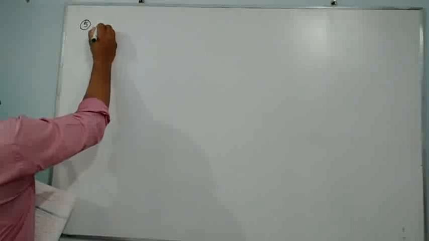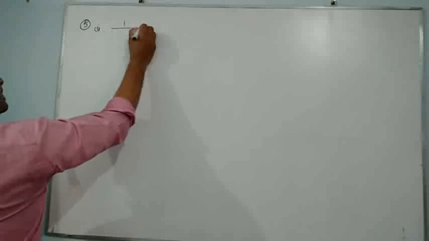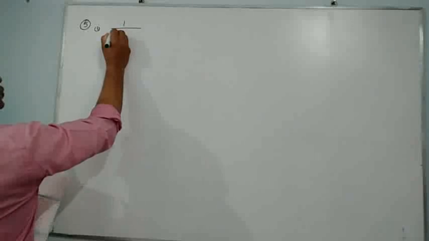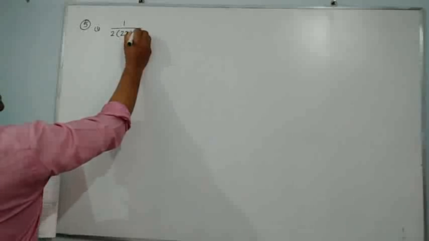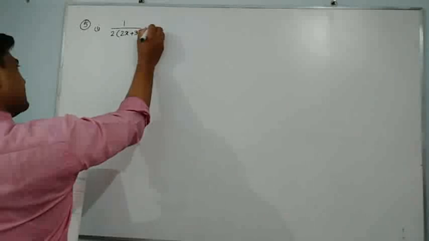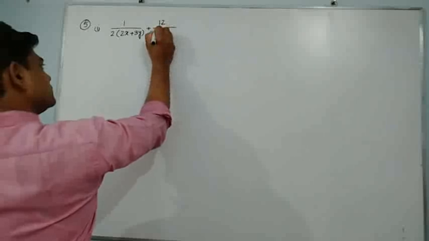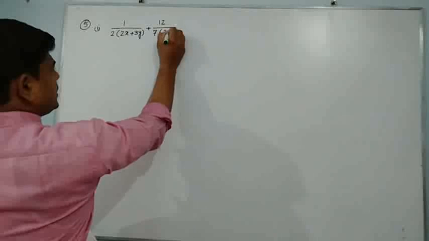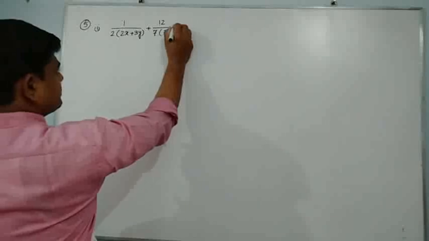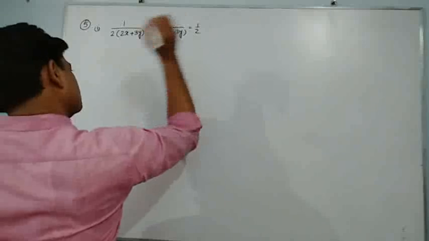First part you can see. It's written 1 upon 2 times 2x plus 3y plus 12 upon 7 times 3x minus 2y is equal to 1 upon 2.